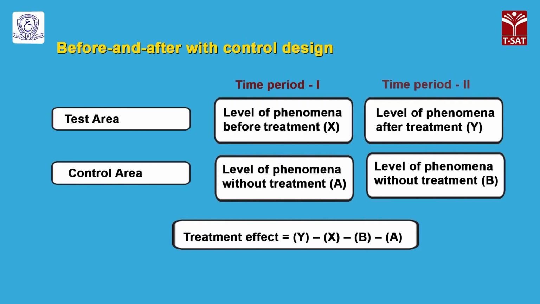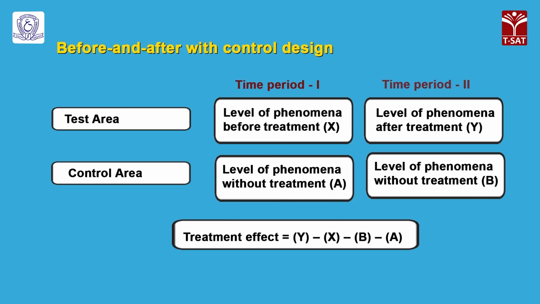After the introduction of treatment to the test area only, the dependent variables will be studied again in both the groups. The treatment effect can be calculated as follows, with time period 1 and time period 2. Test area: level of phenomena before treatment is x, and in time period 2, level of phenomena after treatment is y.